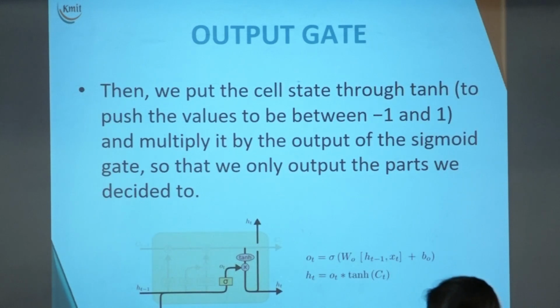That's how your output gate architecture works. We put the cell state through a tanh function and multiply it with the output of the sigmoid gate so that we only output that particular part of the cell state that we actually want to give to the output. So apart from sigmoid, you will also use tanh inside your output function.